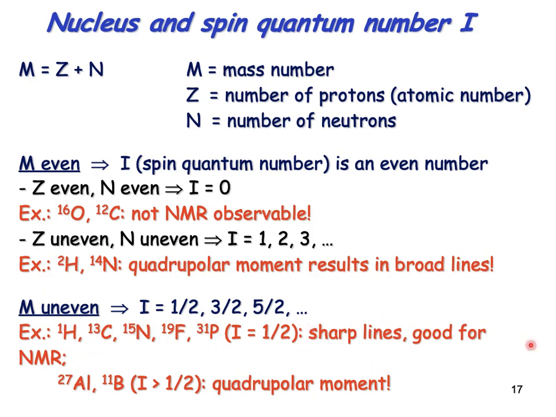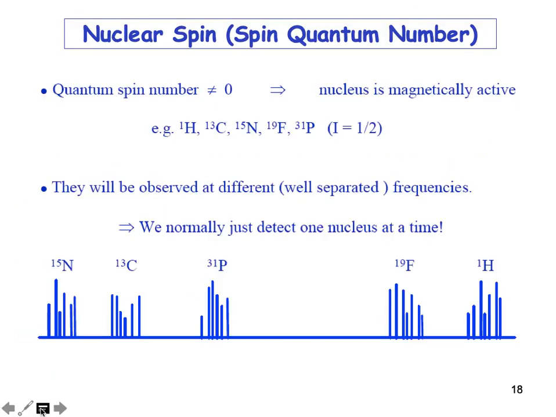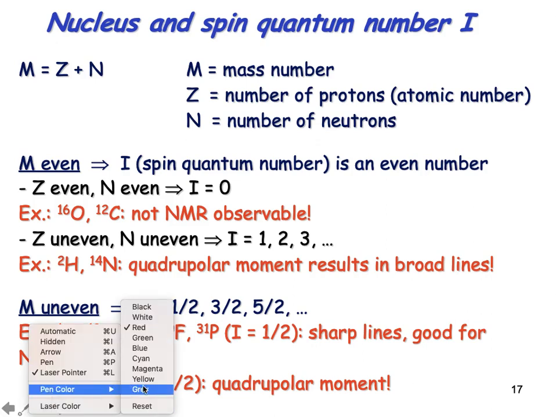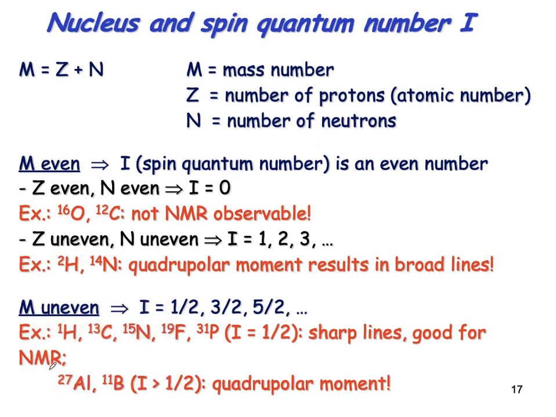They are generally good for NMR, so remember that these nuclei are NMR active. If I is half, they are good for NMR.